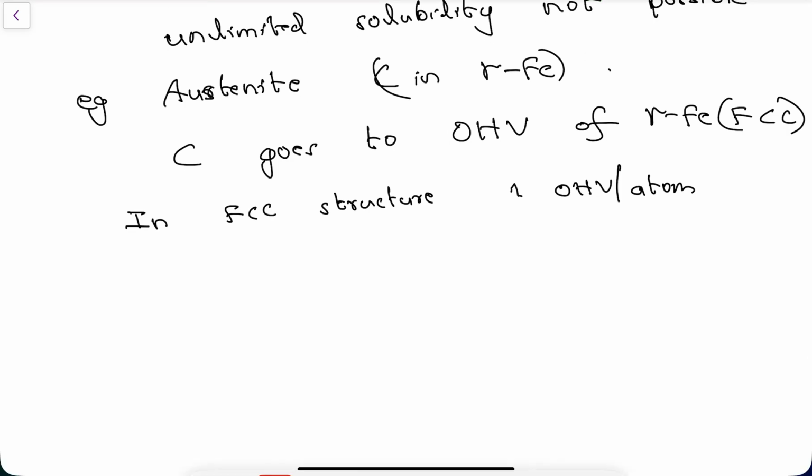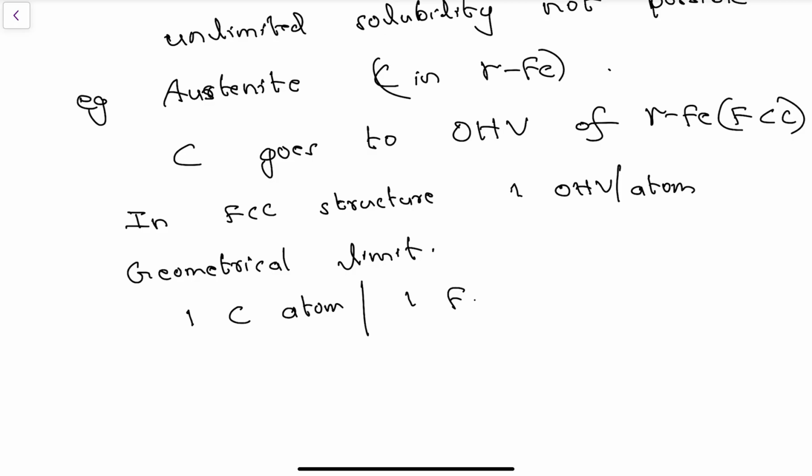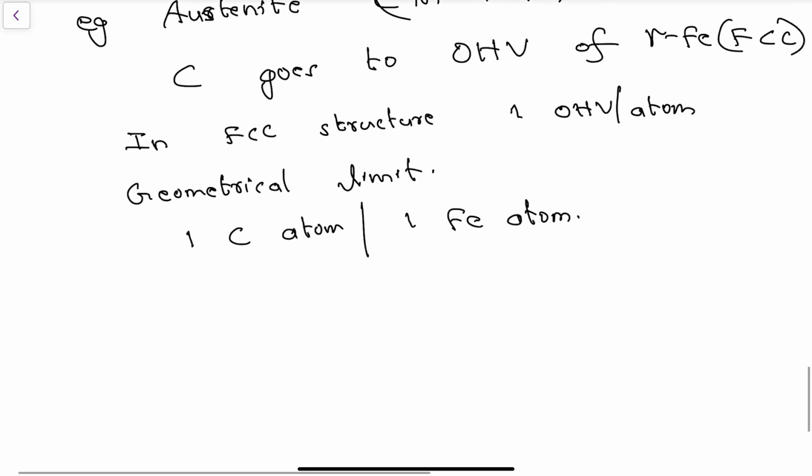If you look at that, what will be the geometrical limit? That means one carbon atom for every one iron atom. So the geometrical limit is 50 atom percentage of carbon in iron.